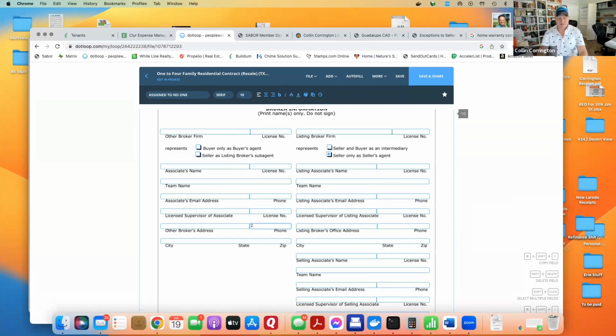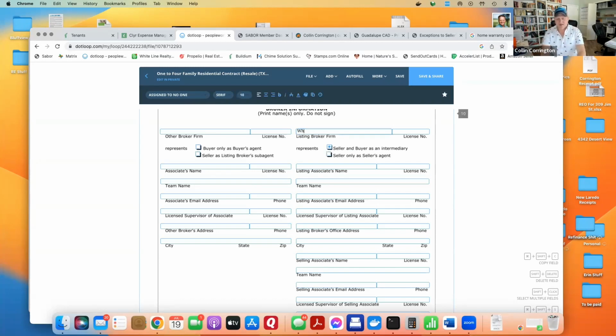We got two agents inside a white line that are doing this deal. You've gotten permission from Eric, you filled out the appropriate paperwork, and now we're having two white line agents do that. That's called intermediary. But if you remember, intermediary means that the broker is handling both sides.